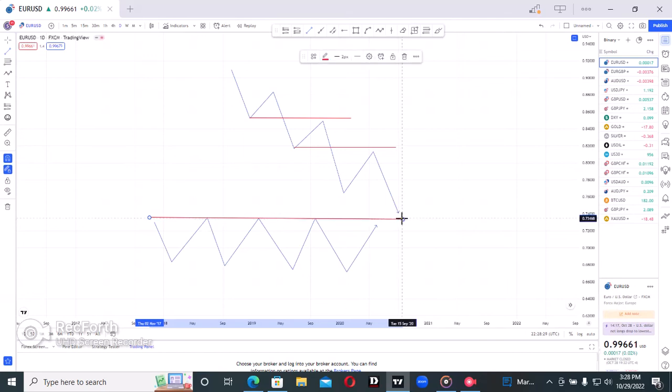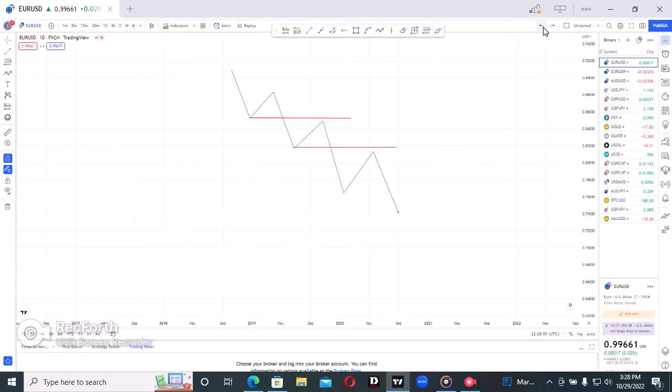So this is going to be our resistance, and here at the bottom of this price action is going to be our support. So I hope now you get it. What do I mean when I say this is the support, this is the resistance area?